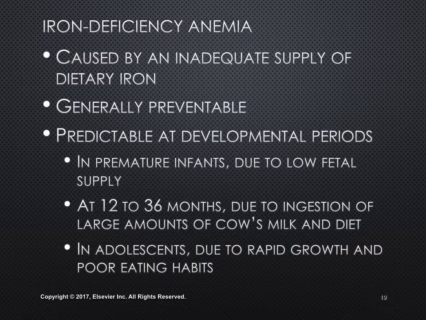In adolescence, we see the iron deficiency anemia hitting due to rapid growth and just generally poor eating habits because they want to eat like all of their friends and aren't eating the healthiest things.